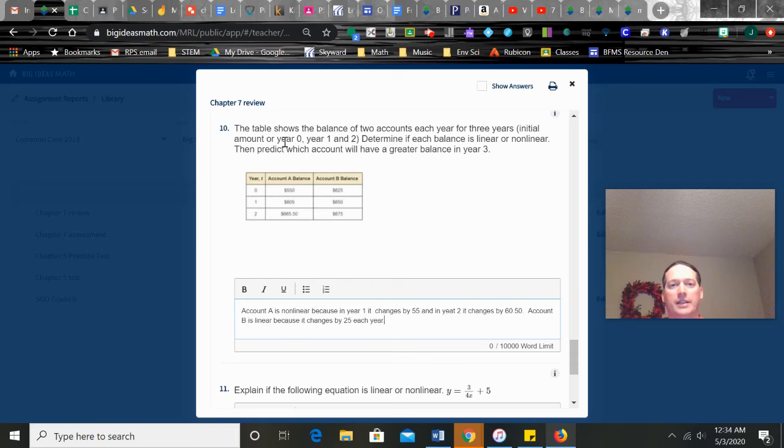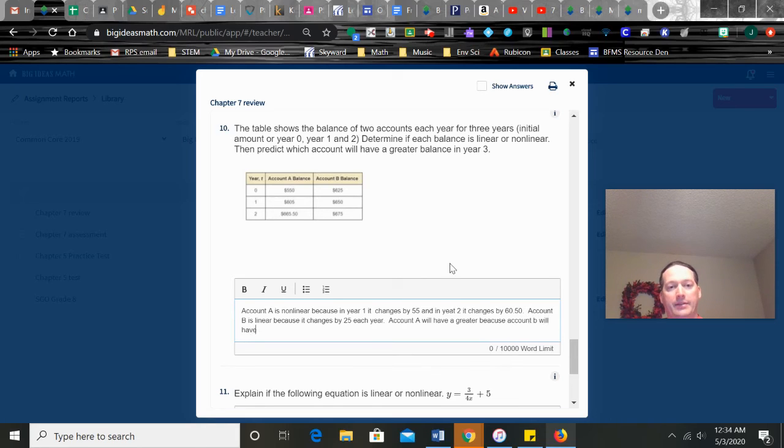The second part of the question says predict which is going to have a greater balance. Account A will have a greater balance because account B will have $700 in year 3. Oops, I forgot to put that in.